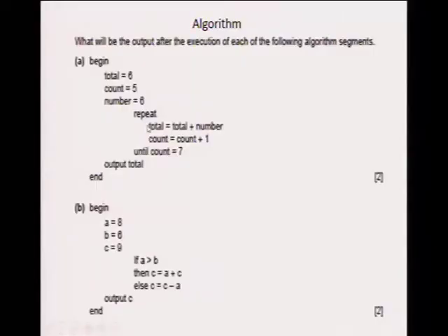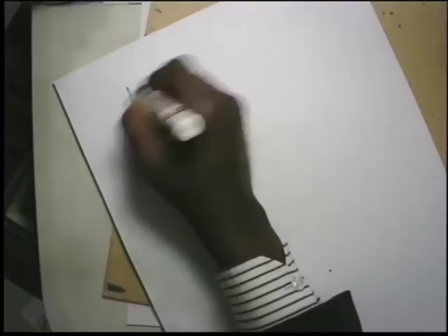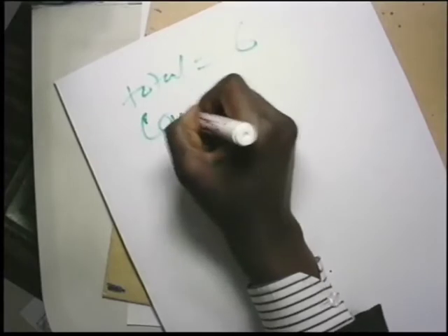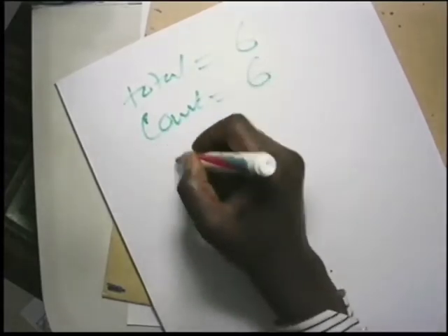You go back to here. You are going to be repeating between repeat and until. That is where your looping is. I think it's better I draw it for you, so that it will make sense, because I know how tricky this can be.